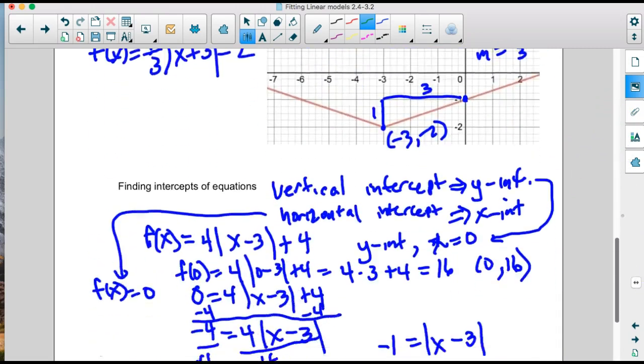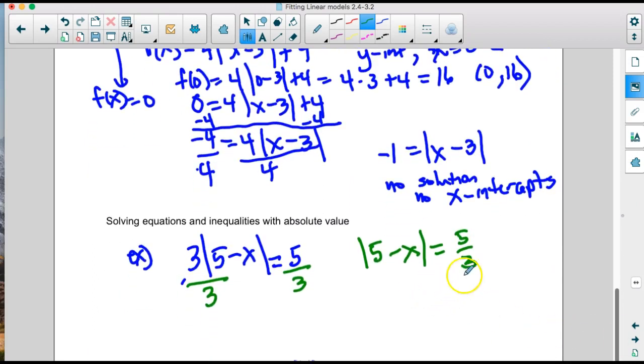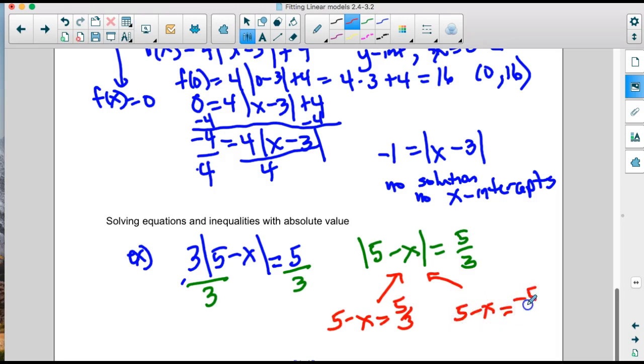So when we're solving an absolute value, we'd have to have two different equations here because we're basically having two pieces. So in this case, the two pieces are going to be, when this is positive, 5 minus x equals positive 5/3, and the other side is when it's negative, so 5 minus x equals negative 5/3.